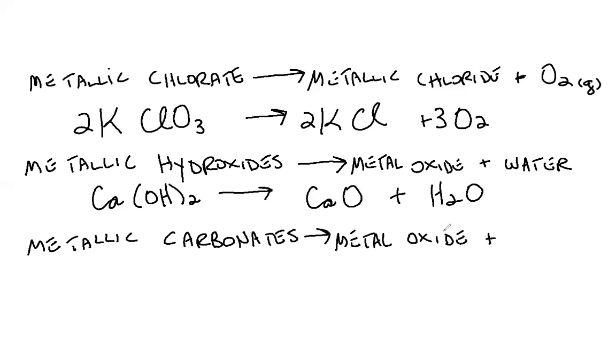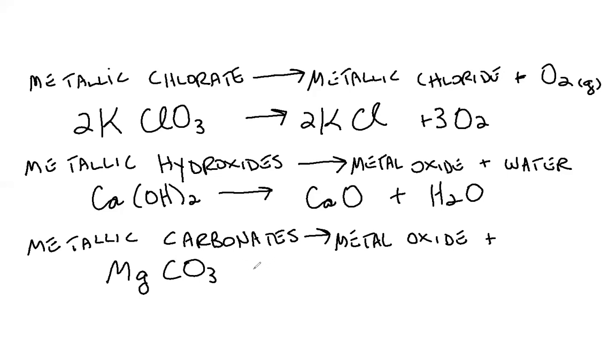Let's see what it breaks down into. We'll look at our example, and then we'll see. For our metal, we'll just pick magnesium. It could be calcium or strontium, whatever. So magnesium carbonate. Magnesium is 2 plus, carbonate is 2 minus, so 1 and 1 for our subscripts.